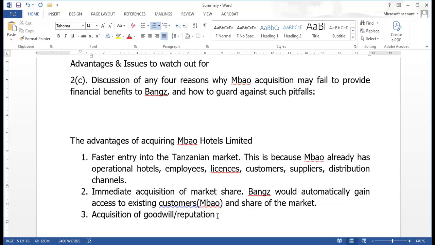Mbayo Hotel may have developed a good reputation through its service quality, the location, the customer relationships, the experience in the Tanzanian market. All those contribute to your goodwill. So as Baganzi acquiring Mbayo, you benefit from the trust, the loyalty, this goodwill.